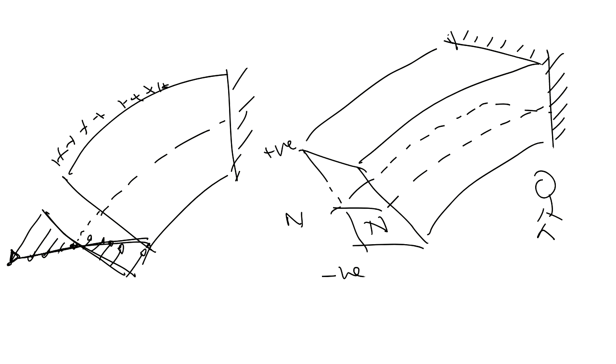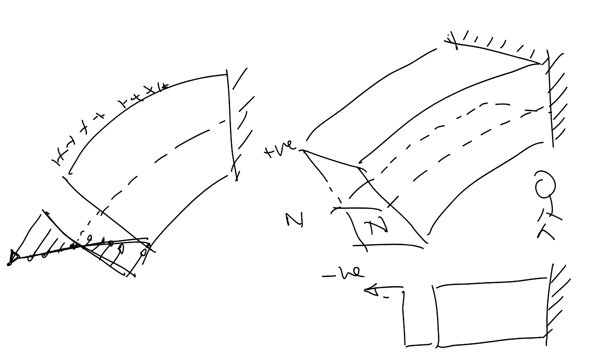In our case, to make our life easy, we don't draw the cantilever in the deflection situation. We keep it as it is, assuming that the deflection is too small. But when it comes to the stress distribution, here is the way you draw it. This is positive. No need to draw all the arrowheads, just one or two or three is enough. And this is the neutral point. And this is the compressive stress.